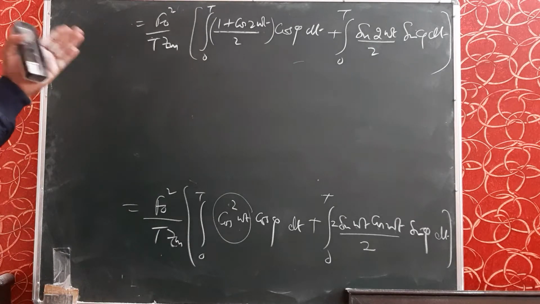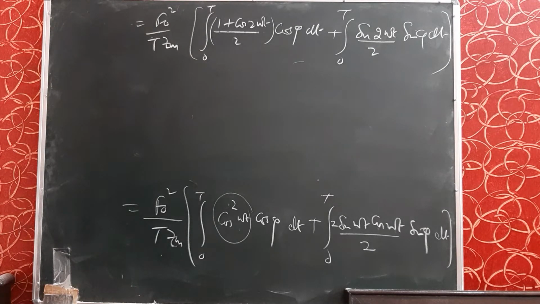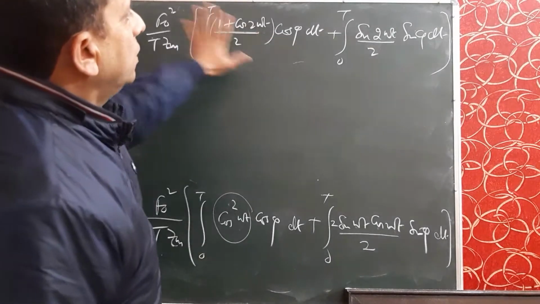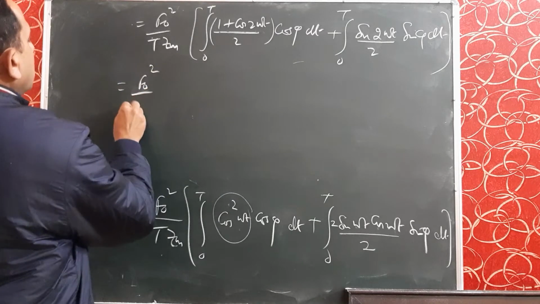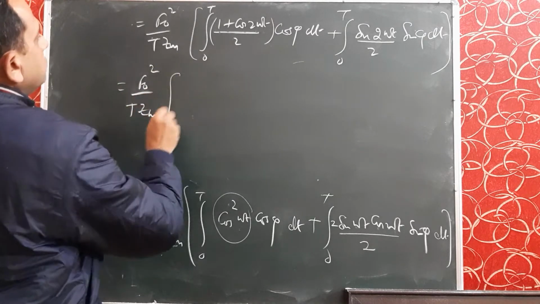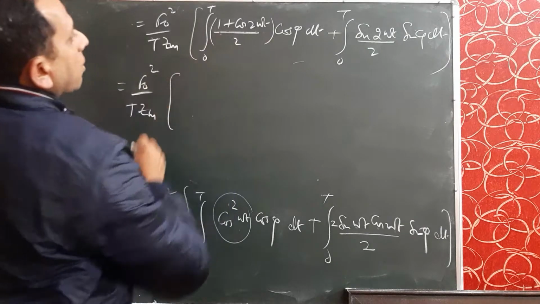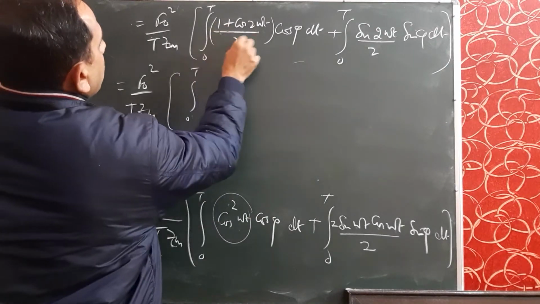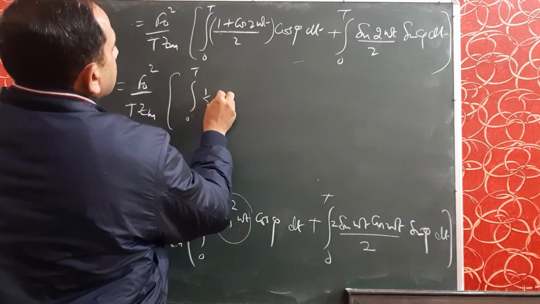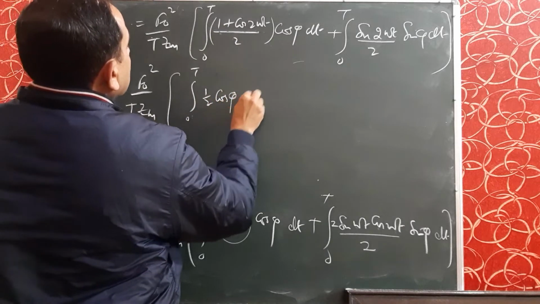So, it will become the linear function, that is 1 by 2 plus this and so on. Now, further f naught square upon T Zm into 1 by 2 integral 0 to T, 1 by 2 cos phi into dt.